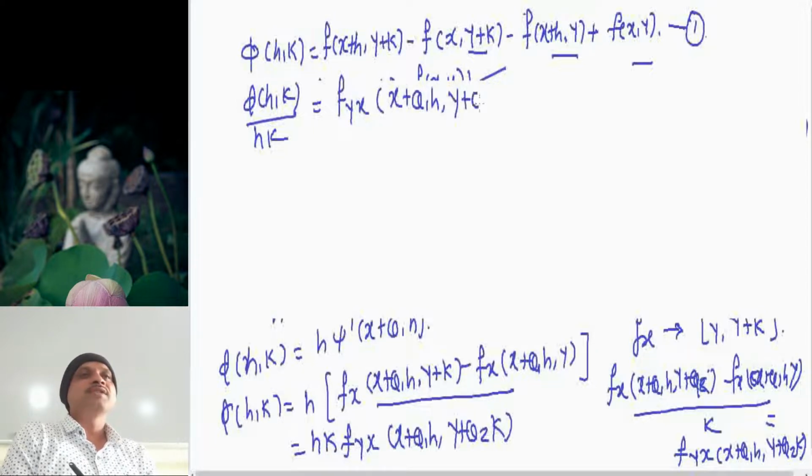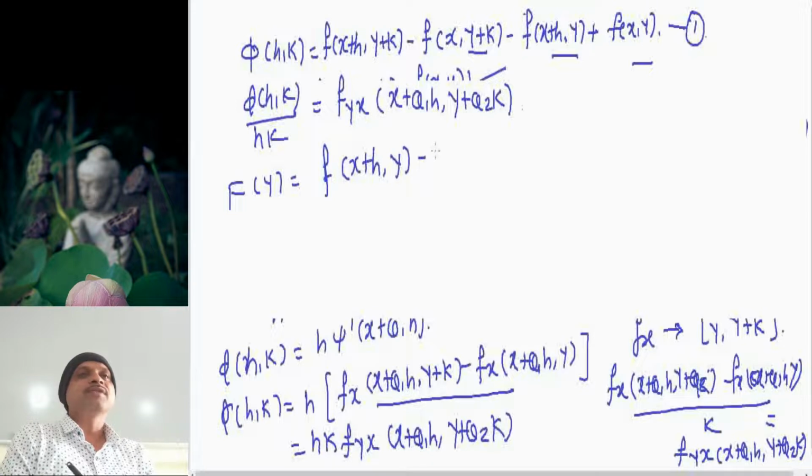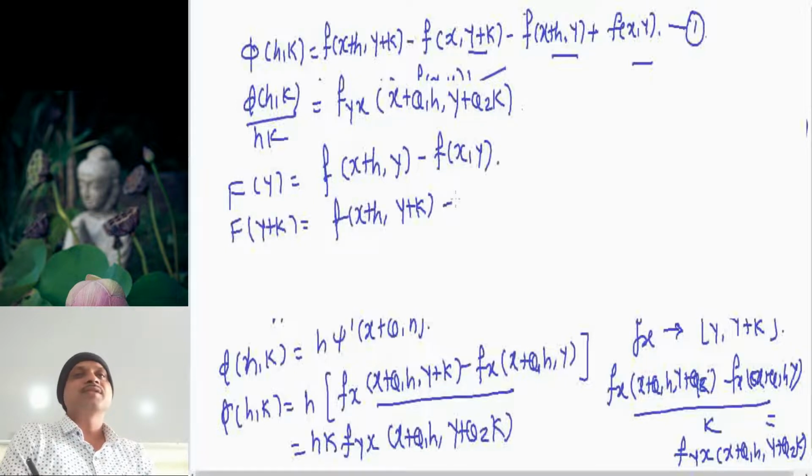Now consider the function capital F of y equal to f of x plus h, y minus f of x, y. If we consider this function, then capital F of y plus k equal to f of x plus h, y plus k minus f of x, y plus k.